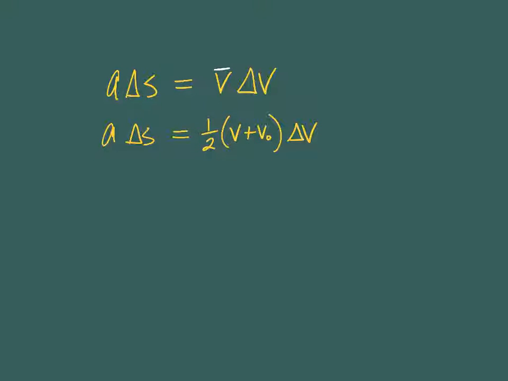And of course, this works out. I can get rid of that half by multiplying by 2 on both sides. And I have (v plus v naught) times (v minus v naught). Well, that is a difference of perfect squares.